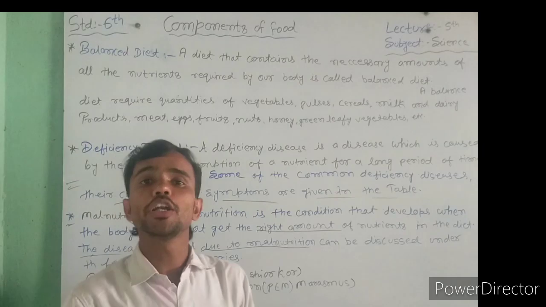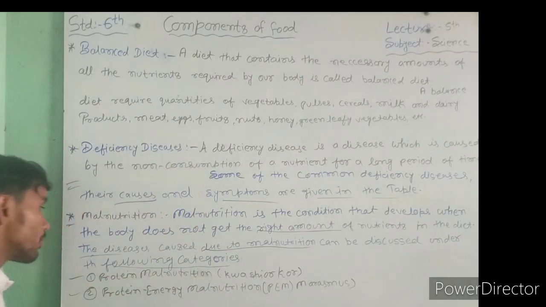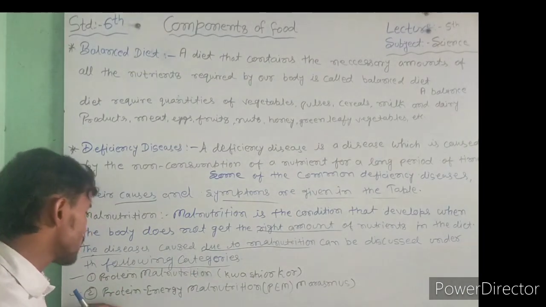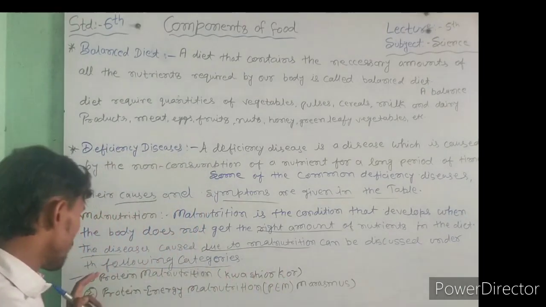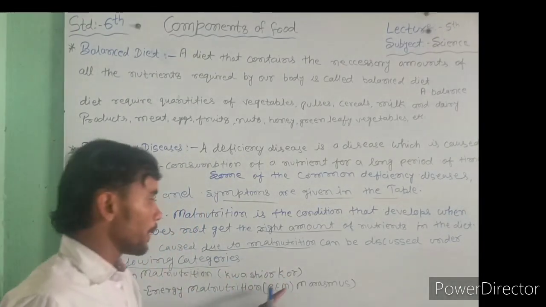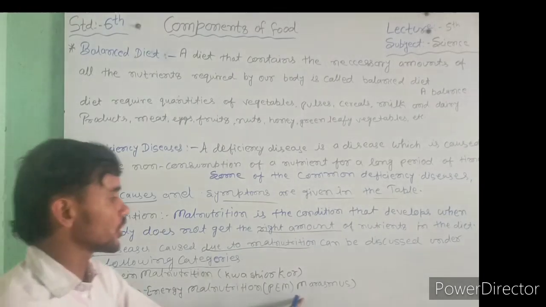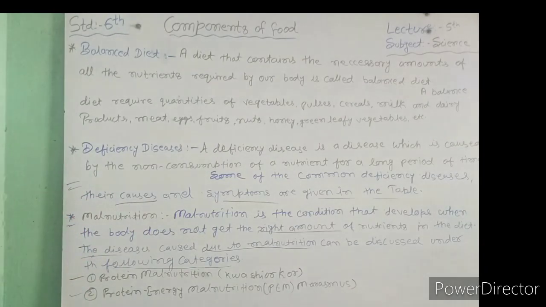My dear students, in malnutrition diseases, we will read two points: first, protein malnutrition, and next, protein energy malnutrition. It means kwashiorkor is protein malnutrition, and marasmus is protein energy malnutrition. So there are two types of malnutrition.